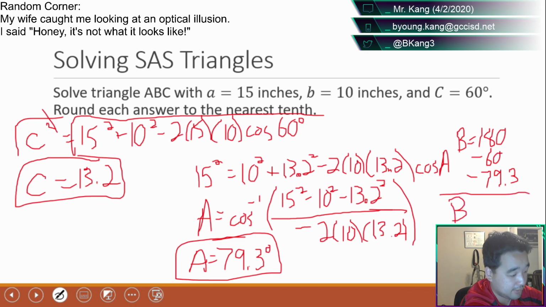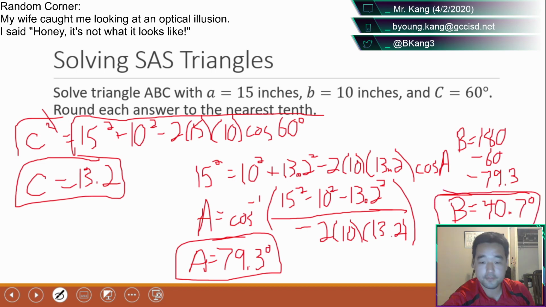And I'm probably behind my webcam at this point. So 60 and 79.3, that's 139.3. So you have 40.7 left over. There we go. And that's how you solve an entire triangle.